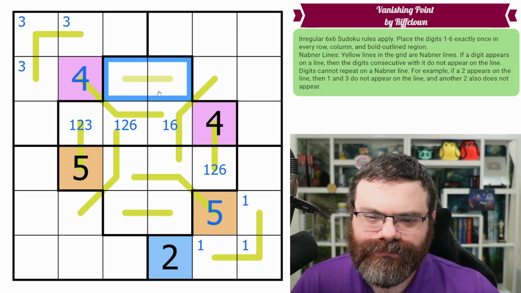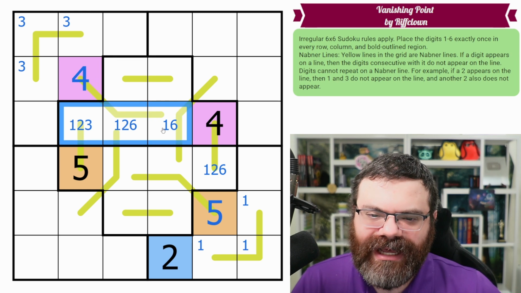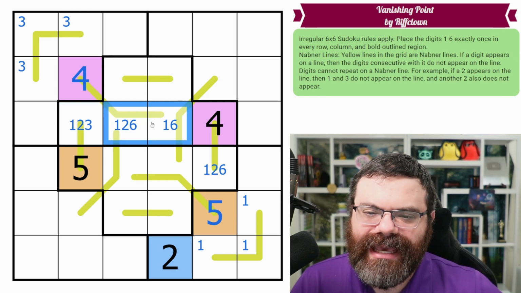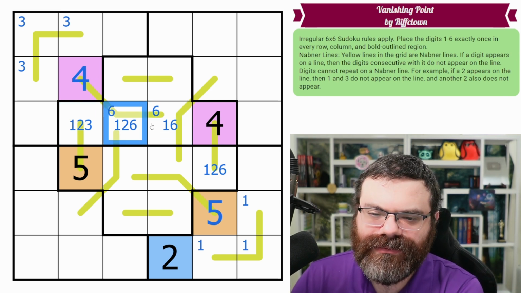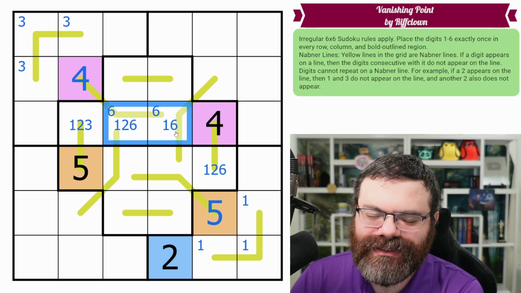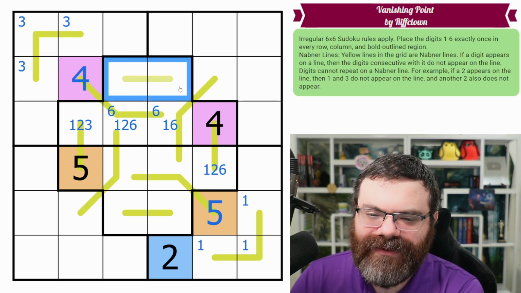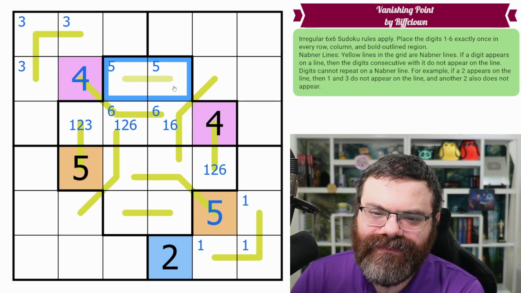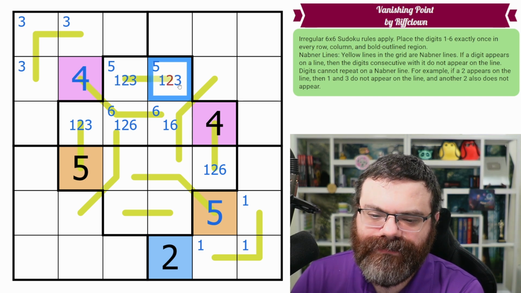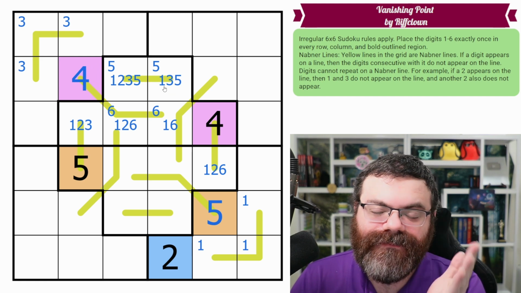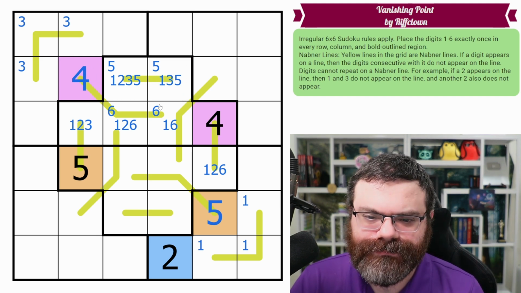In fact, we know the 6 is one of these two, because we need a 1, 2, and a 6 on here. And that means the 5 is relegated up here. So one of these is 5. So with the 5, we need a 1, 2, or 3. That can't be 2, along with the 5, because we can't put a 4 or a 6 next to the 5.